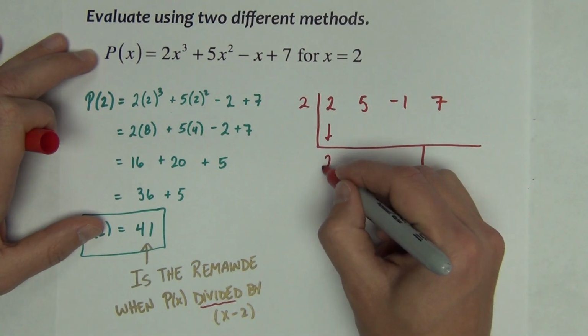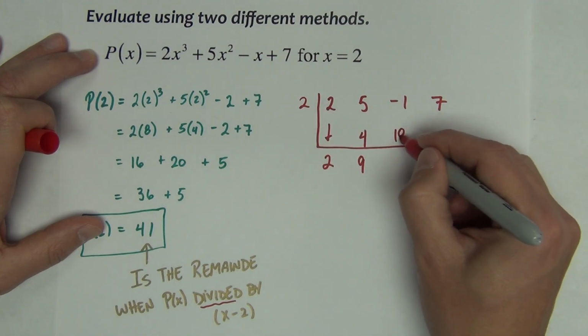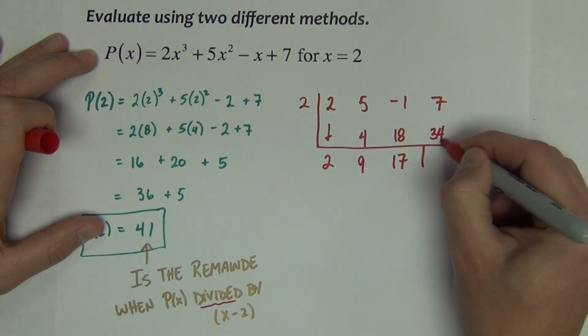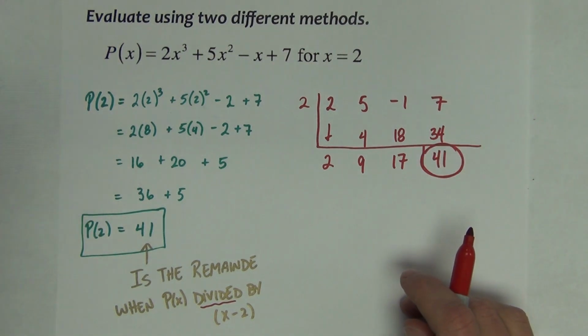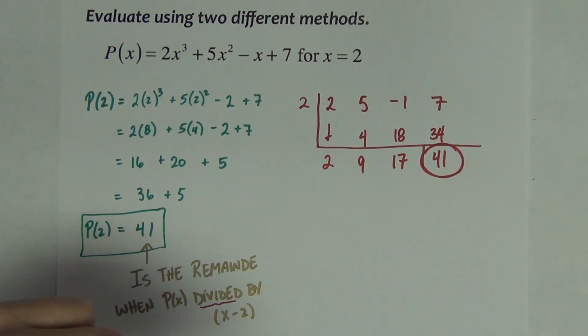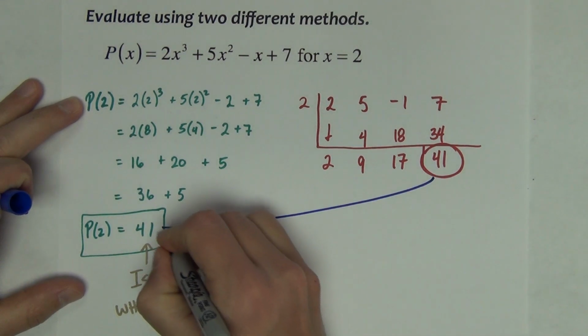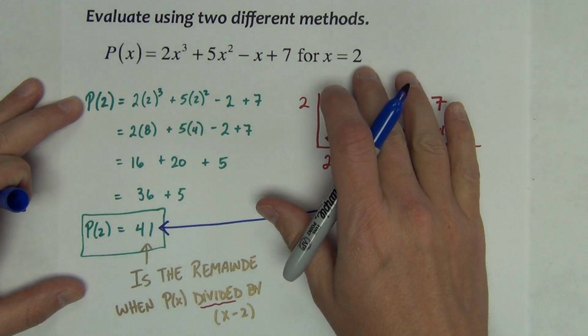So we bring down the 2 and we multiply. We add and we multiply. We add and we multiply. We add and we get 41. Okay. So you notice that just as the remainder theorem says, and it did happen, the remainder that we got is just the function value evaluated at this number.